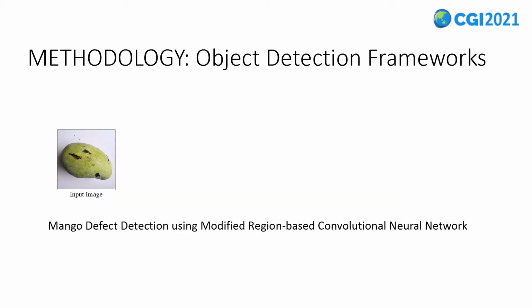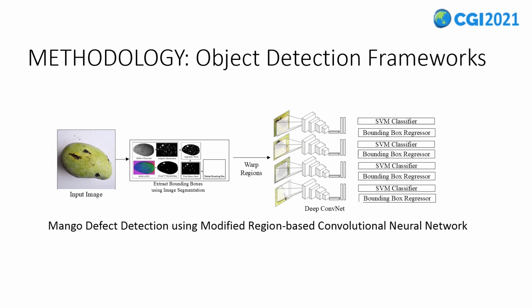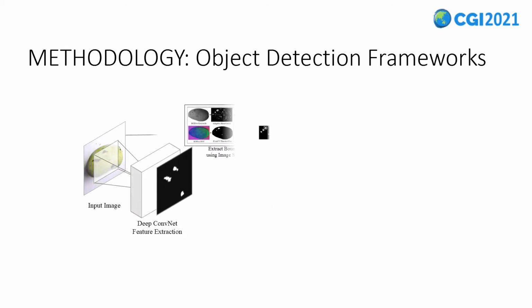In addition to these frameworks, modified versions of region-based and fast region-based CNNs are proposed. In these modified versions, we replace the region search algorithms with our proposed image segmentation technique.